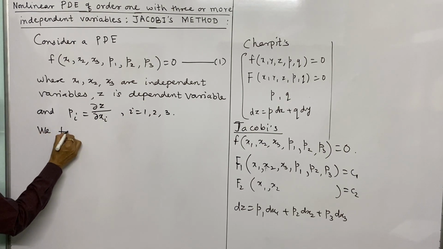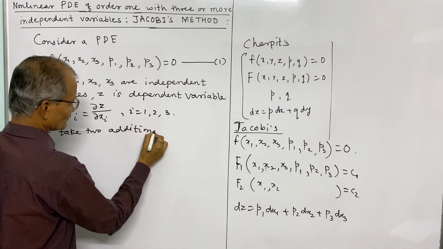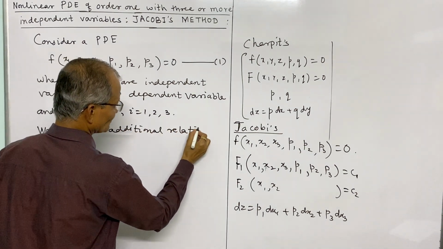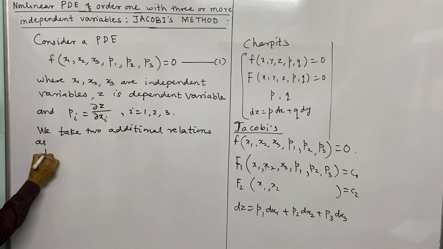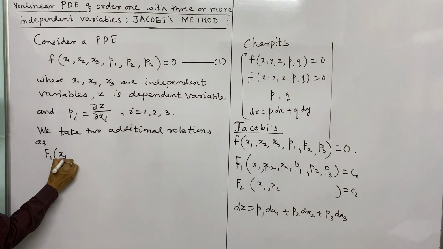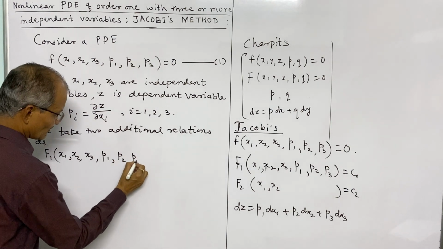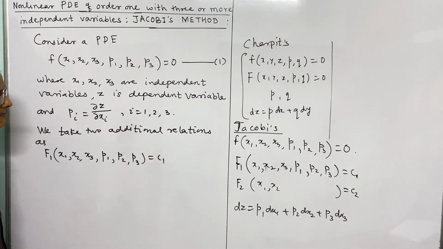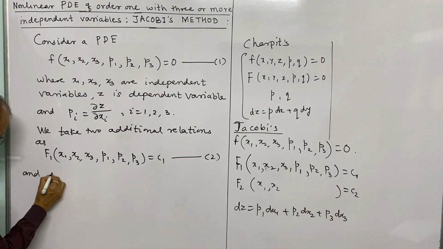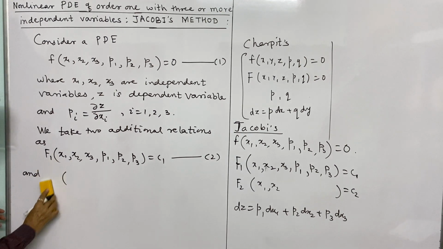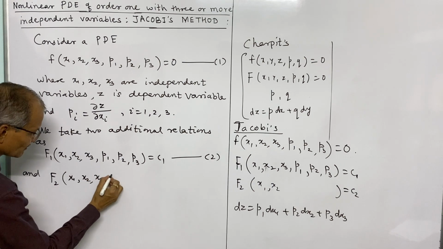We take two additional relations as f1(x1, x2, x3, p1, p2, p3) equal to some constant c1, call it 2, and we suppose the second as capital F2, having the same variables, equal to c2, call it 3.